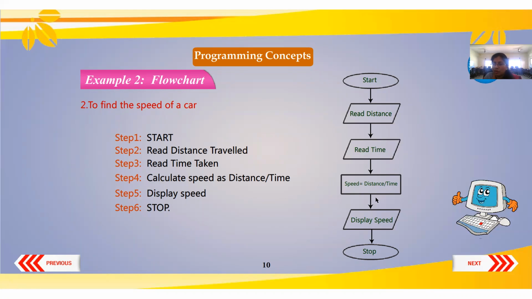Now the process has to happen. What is the process? To calculate the speed, the calculation. Speed is equal to distance by time. So once the speed has been calculated, it has to be displayed, right? So the display of the speed happens again in the parallelogram. So finally stop. I hope this is clear.